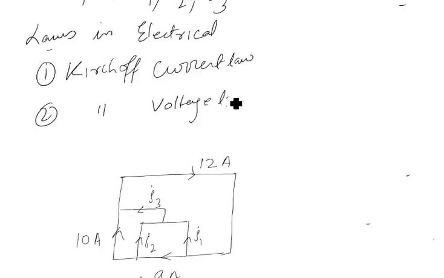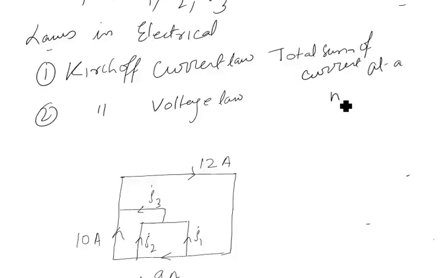This Kirchhoff current law and voltage law simply suggest that the total sum of current at a node will be equal to 0.